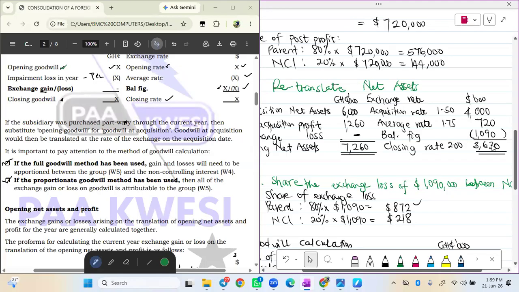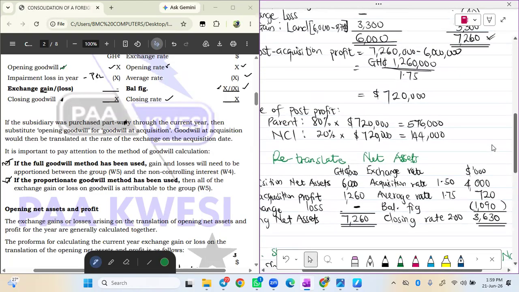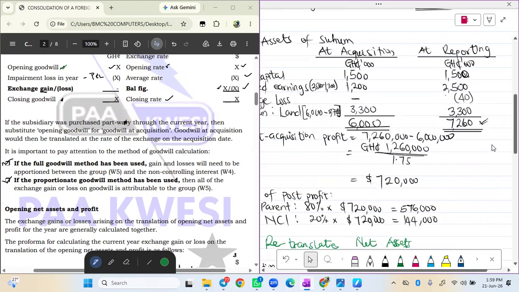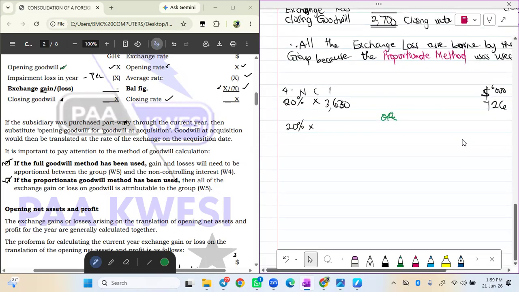So if you want to go by the old approach to avoid confusion, you just know that if you are calculating NCI using the proportionate method, you pick the NCI percentage and multiply by the net asset at reporting. In cedis, the net asset at reporting was 7260. So you multiply 20% by 7260. What do you have?